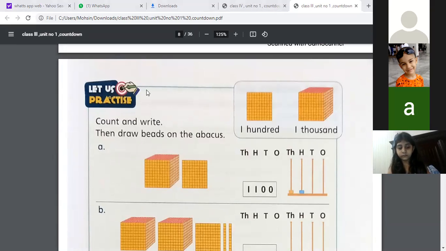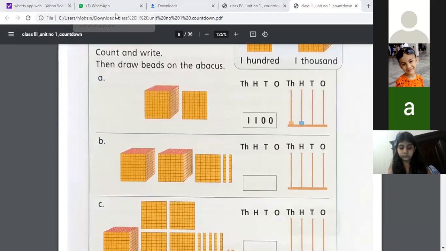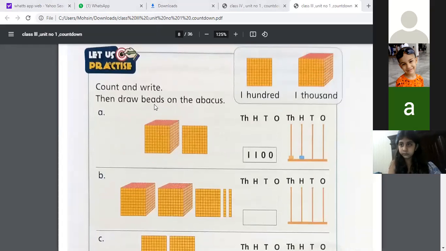Now on page number 7, this is your page number 7. On this page, what we have to do is count and write, then draw beads on each abacus. What first do we have to do?